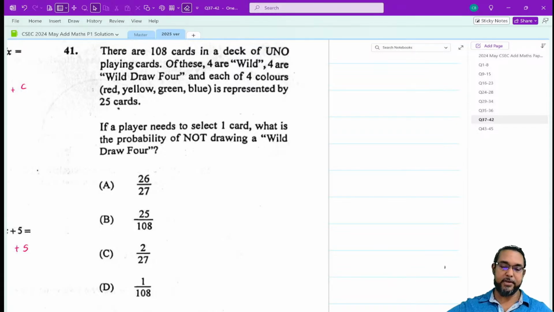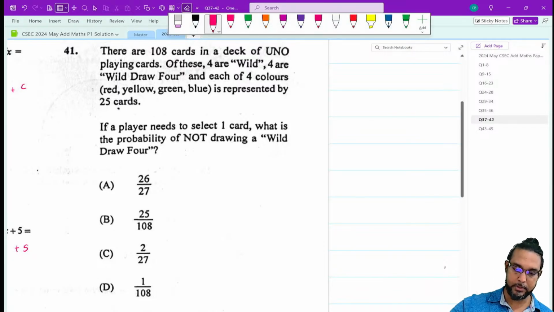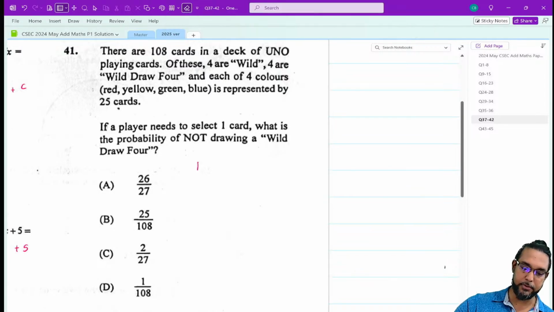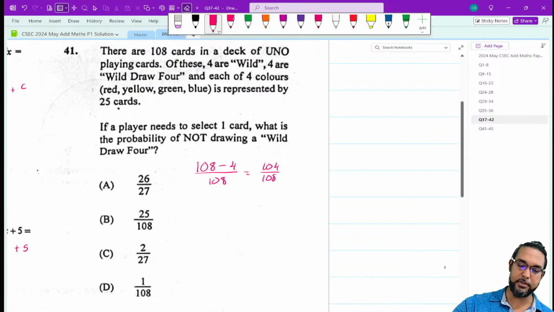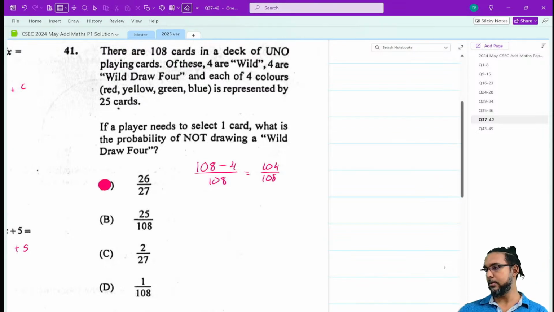If a player needs to select one card, what is the probability of not drawing a wild draw 4? There are 4 wild draw 4s. You have 108 cards in the deck. So you have 104 over 108, which is 26 over 27. Okay, cool.